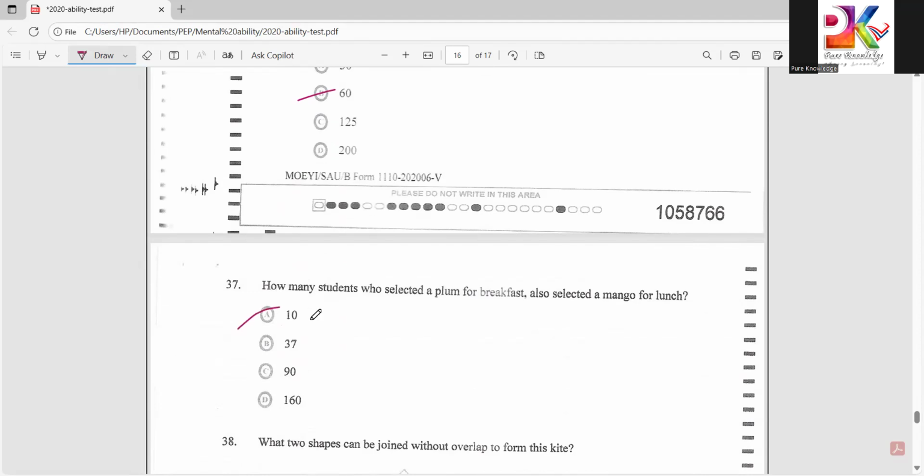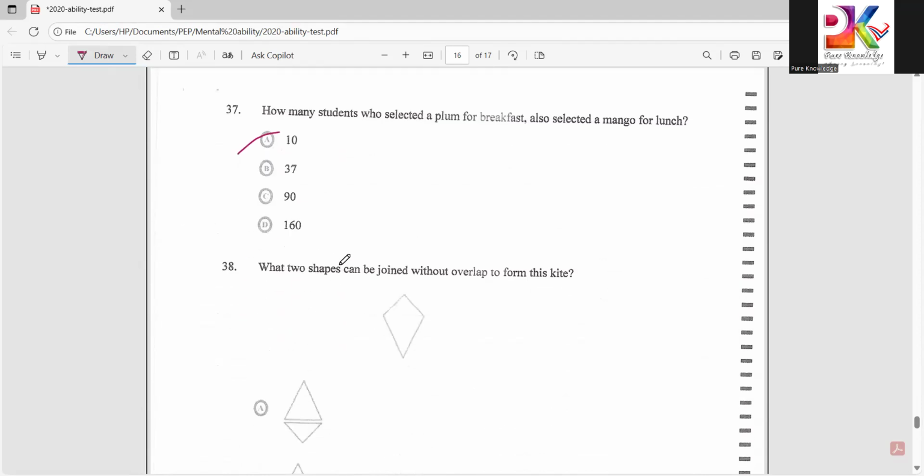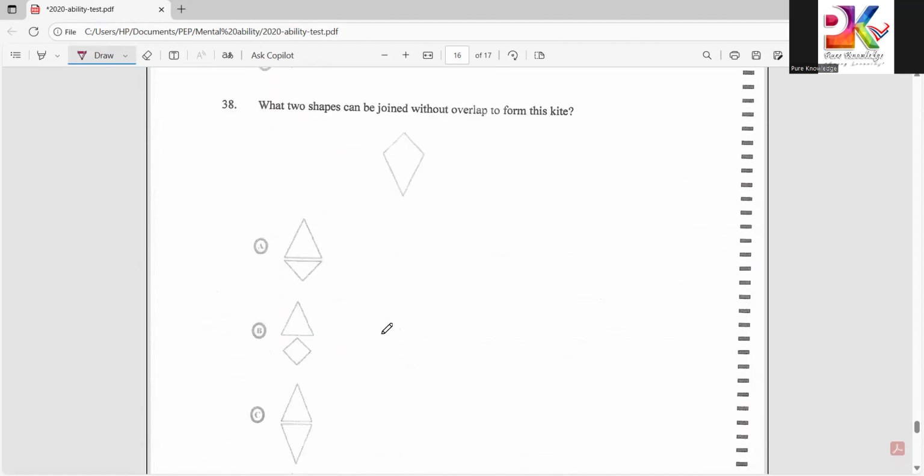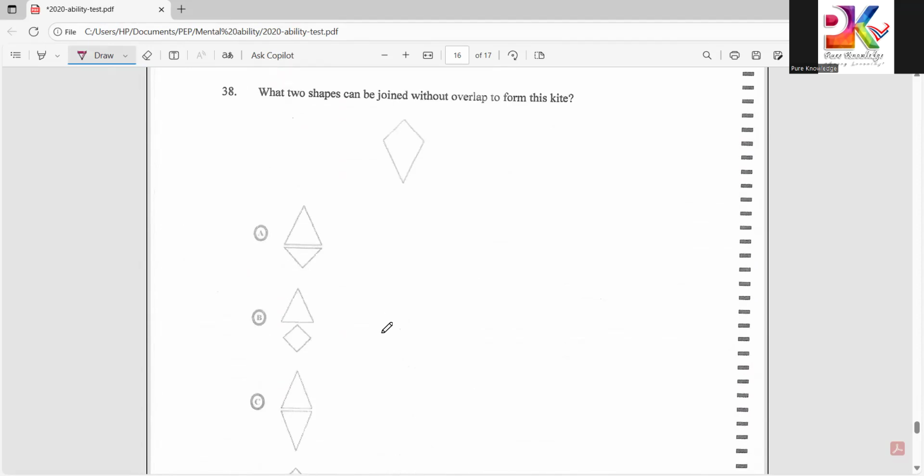All right. 38. What two shapes can be joined without overlap to form this kite? And no overlap means it fits perfectly with nothing going over it. Right? And there's no remainder, it just fits perfectly.